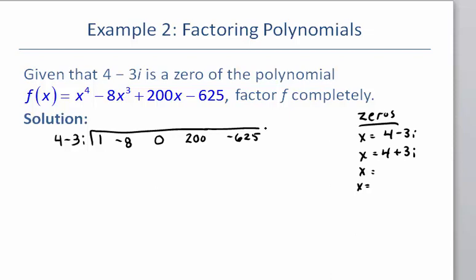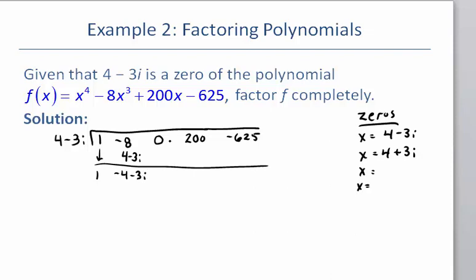Okay, and so we're going to see what we get when we do synthetic division. So I'm going to drop the 1 down and multiply. So 4 minus 3i times 1 is 4 minus 3i. And we're going to add that to -8. So that's going to give me -4 minus 3i.